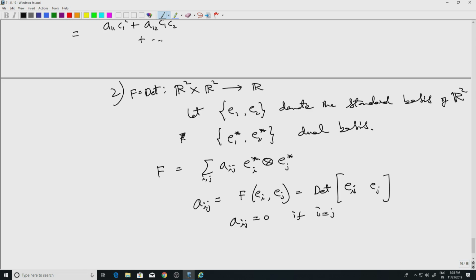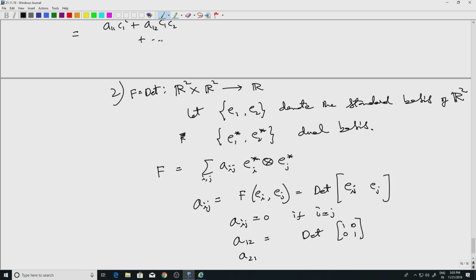And if i is not equal to j, there are essentially two things to consider, A12 and A21. Now, A12 would be the determinant of E1, which is (1, 0), and E2, which is (0, 1).